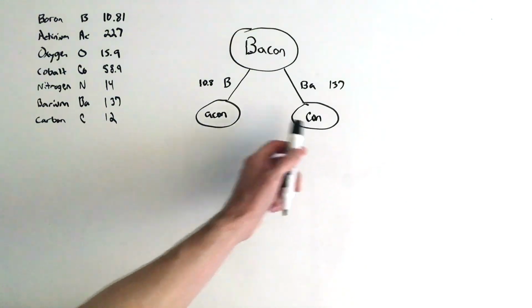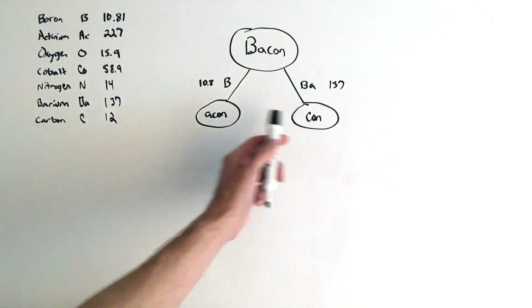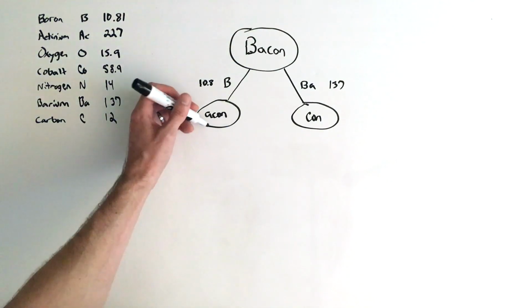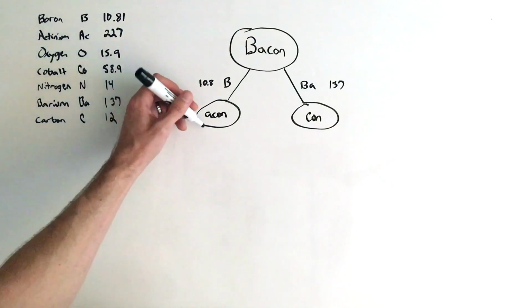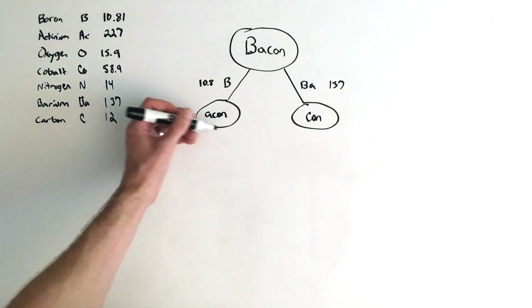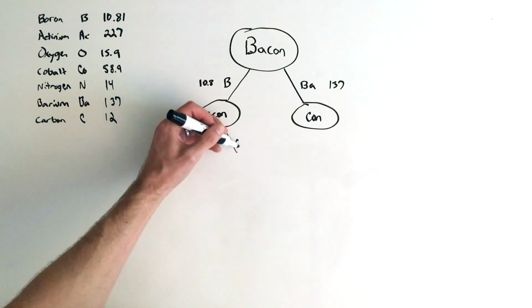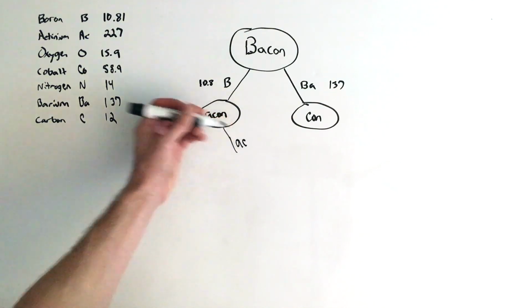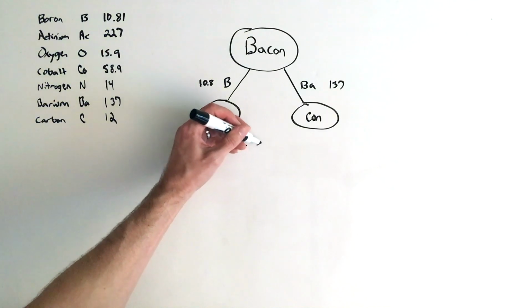Once we reach this depth of the recursion, we can remove AC for actinium, but we can't remove A because there's no element with just 1 symbol, so I'll say we remove AC. Actinium is 227.